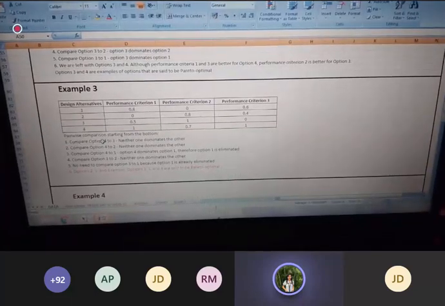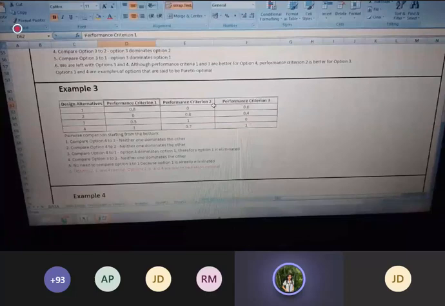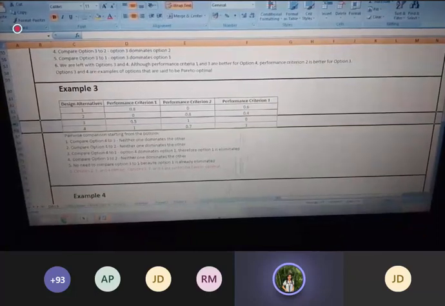For example number 3, again, we consider 4 alternatives with their performance criteria. Let's do the pairwise comparison. Comparing 4 to 3, for performance criterion 1, option 4 is better.